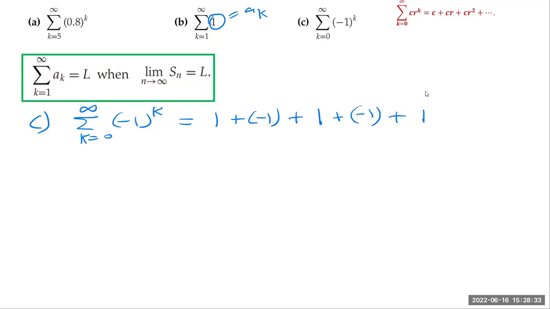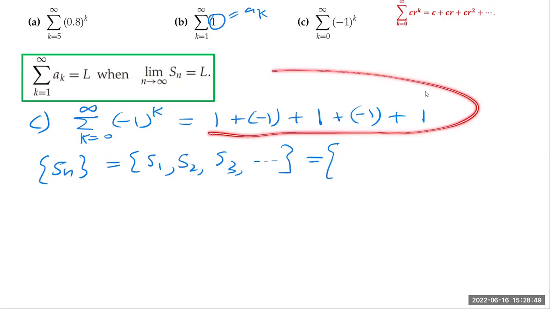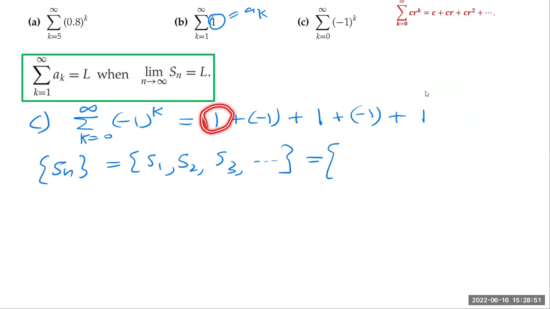Now how do you find the sequence of partial sums? The sequence of partial sums is Sn, that is nothing but S1, S2, S3, and so on. What is S1? S1 is just the first term, right? Remember, S1 is always just the first term. That is 1. S2 is the sum of the first two terms.